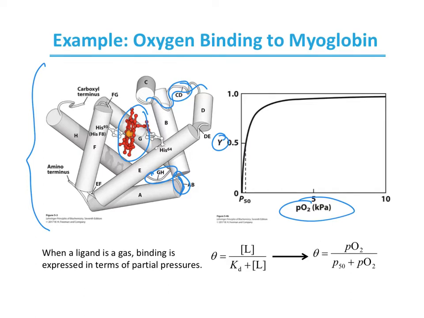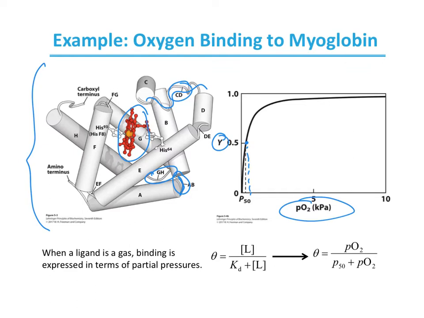But we're going to do the same analysis. So when we look at the 0.5 mark on the y-axis, when half of all of myoglobin's binding sites are bound by oxygen, we can see that that corresponds to a pressure of oxygen of 0.26 kilopascals.